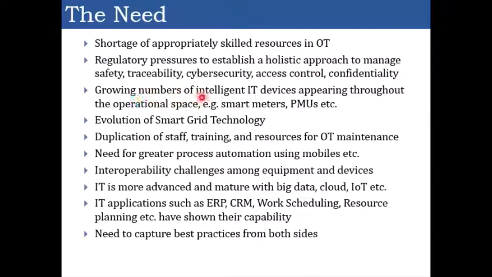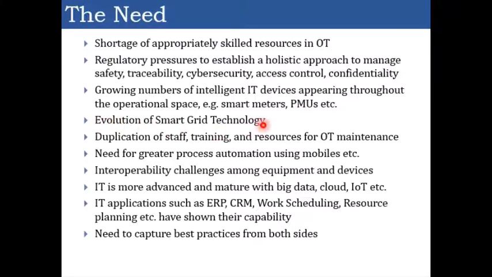There are also growing numbers of intelligent IT devices appearing throughout the operational space, such as smart meters and phasor measurement units, which is now forcing people to think about how operational technology and IT can be merged. Because unless you merge those technologies, the actual implementation of smart meters, intelligent electronic devices and phasor measurement units is difficult.